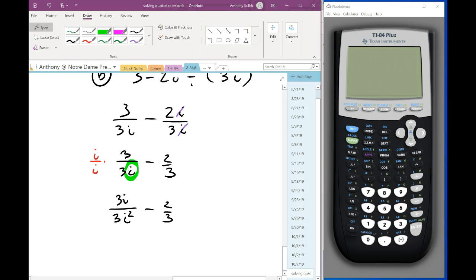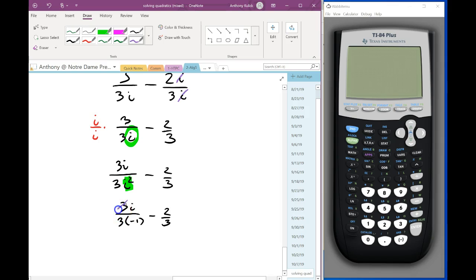And what's the advantage here? i squared is equal to negative 1. And I guess we can reduce those 3's. We could have done that a long time ago. So i over negative 1 is just negative i minus 2/3. And there is now a complex number.